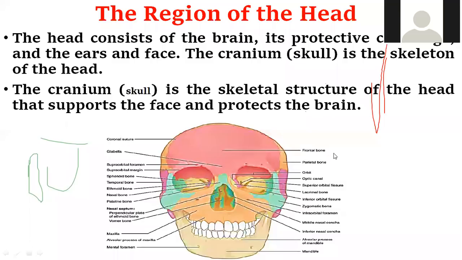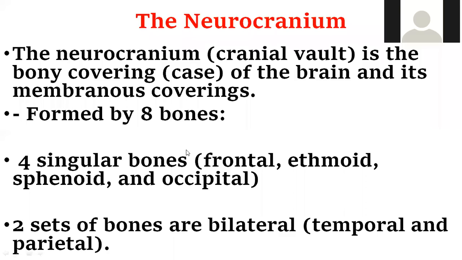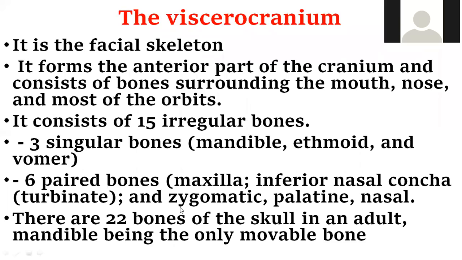Out of the 8 bones, we have 4 single, or singular, bones, and we have 2 sets of bilateral bones, that is, they are paired. If you add the 4 single bones and the 2 pairs, it makes 8 bones that form the neurocranium. The singular bones are the frontal, the ethmoid, the sphenoid, and the occipital bone. And the 2 paired bones that make up the neurocranium are the temporal and the parietal bones.